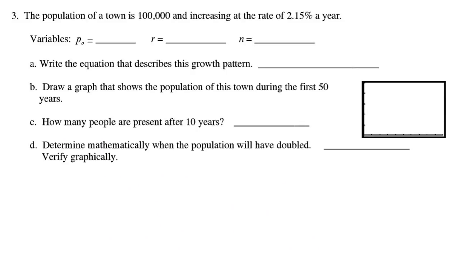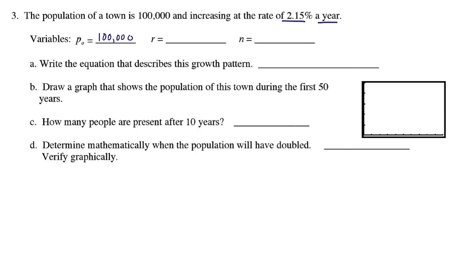Okay, our next example, we have the population of a town is 100,000 and it's increasing at a rate of 2.15% a year. So again, let's go ahead and set up our variables, make it a little bit easier for us. So our initial population that we were given was 100,000.